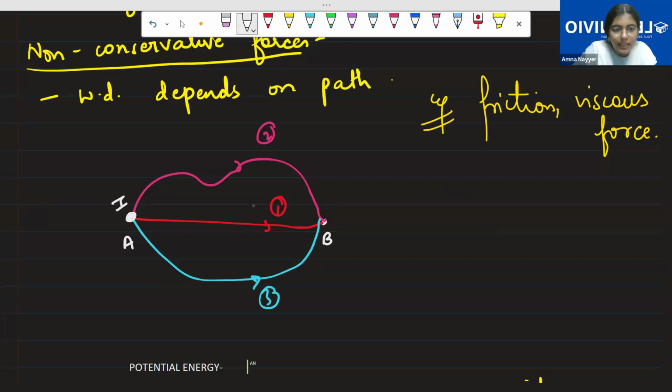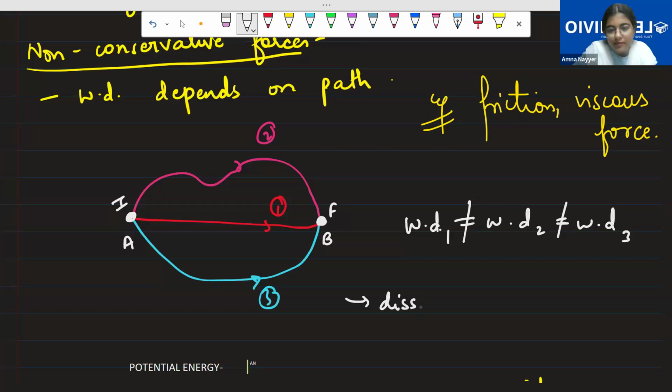Even if the initial and final points are the same, work done in all the cases will be different. So work done 1 equal to work done 2 equal to work done 3 is not applicable here. These are not equal because they are not conserved. They don't take one form to another, or if they do, they are dissipative in nature.